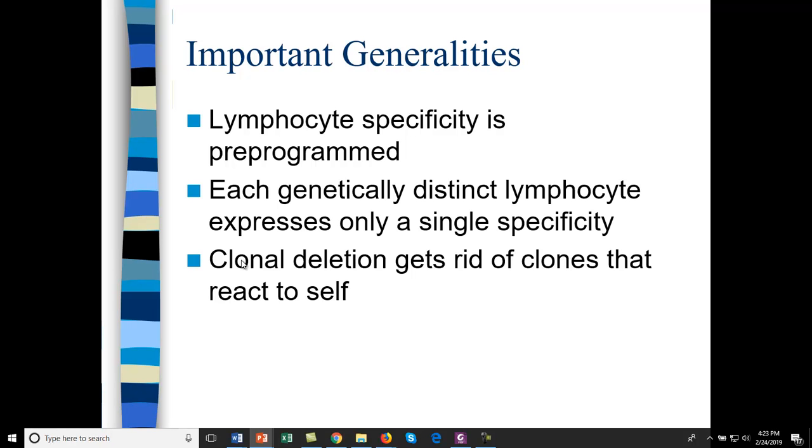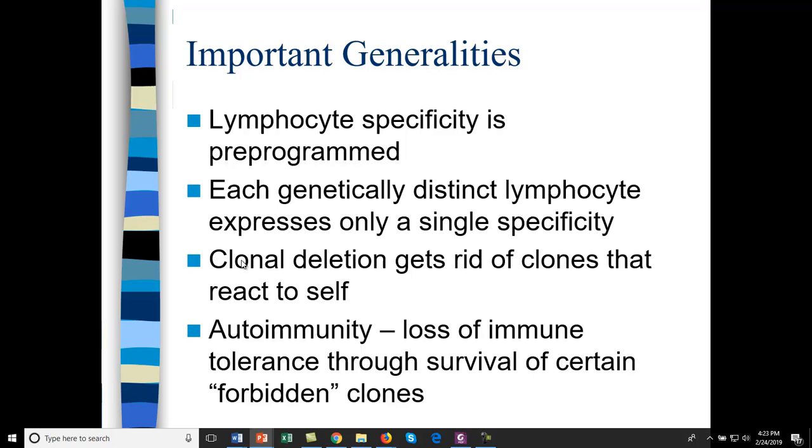Clones that react to self, we don't want that to happen. We don't want antibodies to start attacking our kidneys. Those are deleted. That's part of the role of major histocompatibility complex 1. It is self. And so when you have a clone that reacts to self, it's automatically deleted and taken out of your immune repertoire.